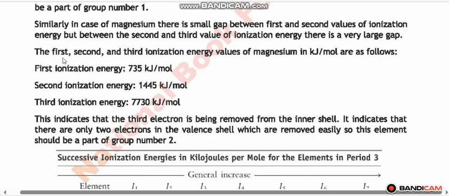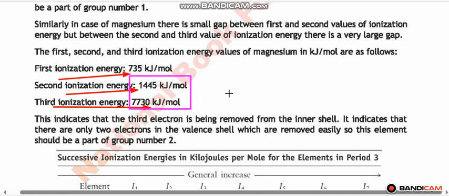Now we can see that the first ionization energy of magnesium is equal to 735, the second ionization energy is 1445, and the third ionization energy is 7730. You can see that there is a very big difference between 1445 and 7730.